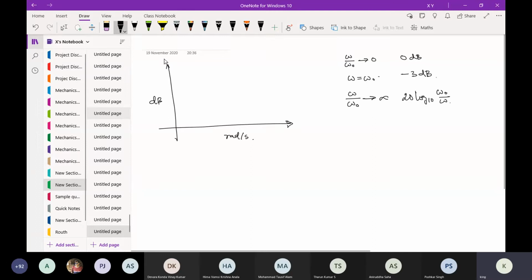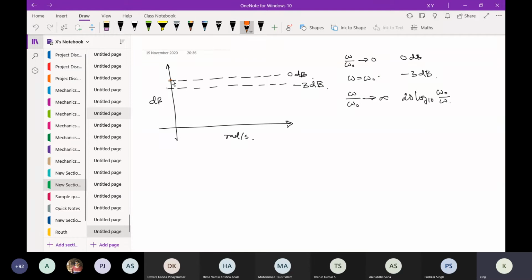So first we have this zero dB line, and also this minus 3 dB line, which we can figure out pretty easily. And now we start drawing our plots.